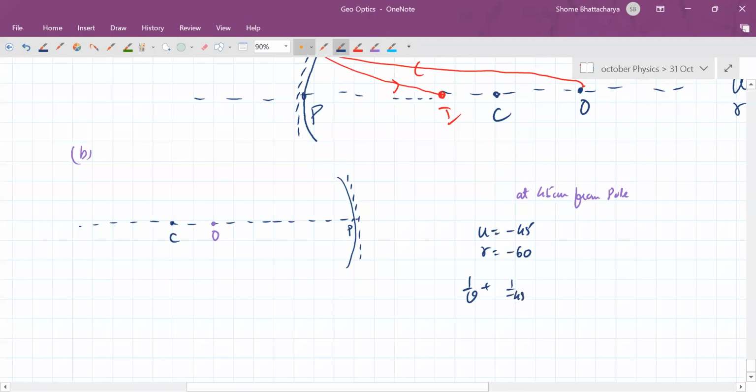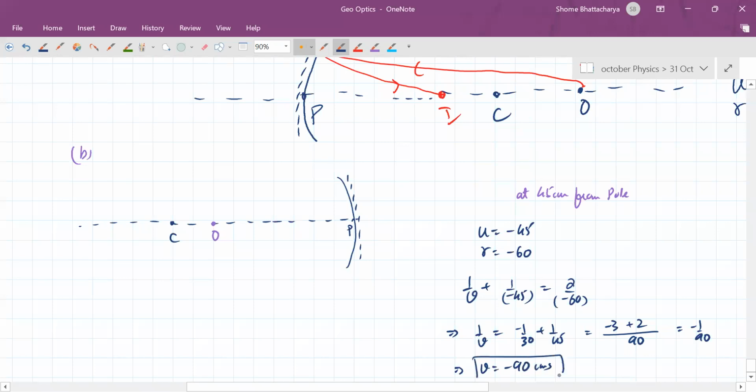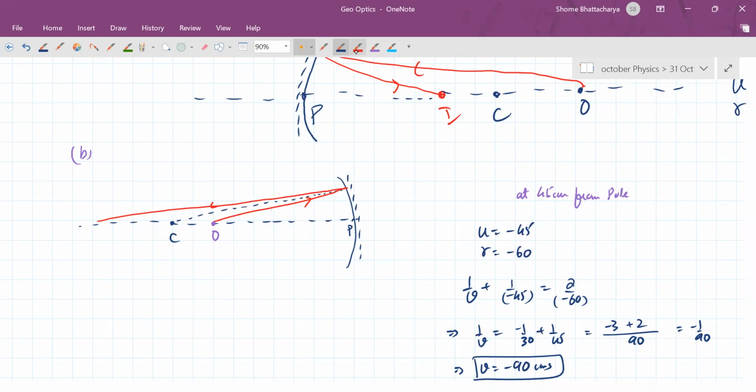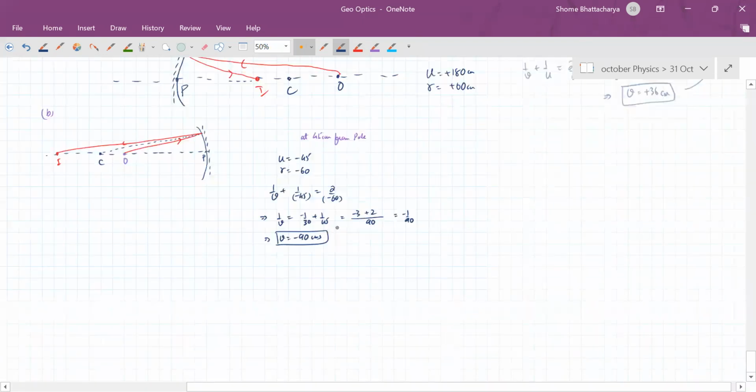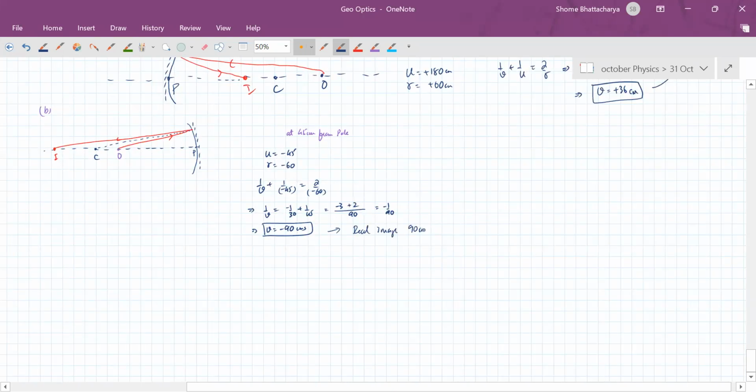So 1 by v plus 1 by u is equal to 2 by R. So this now means, okay, this is a real image, 90 centimeters in front. And now the C case is the one which is quite interesting.